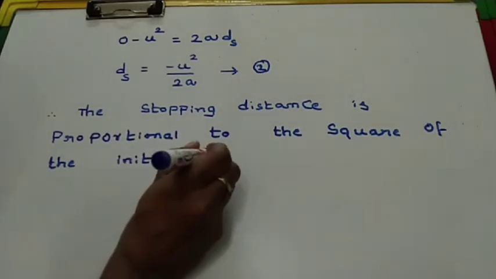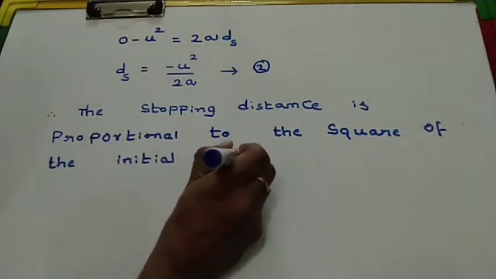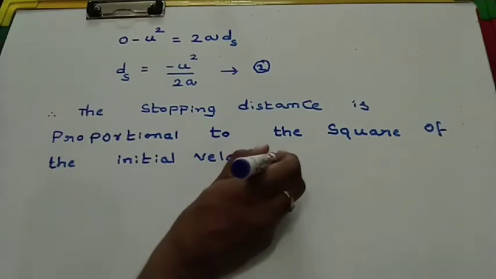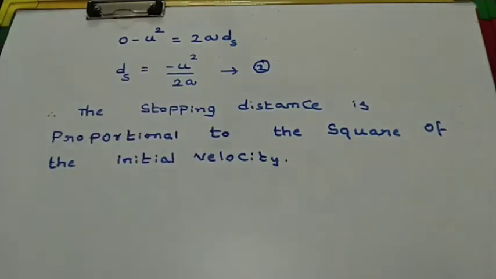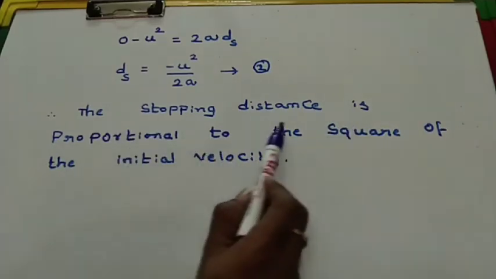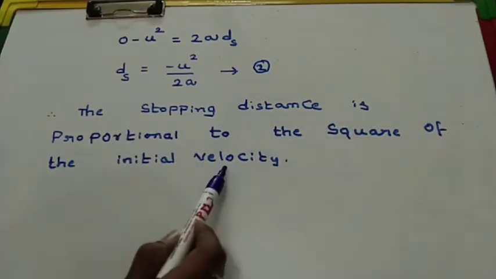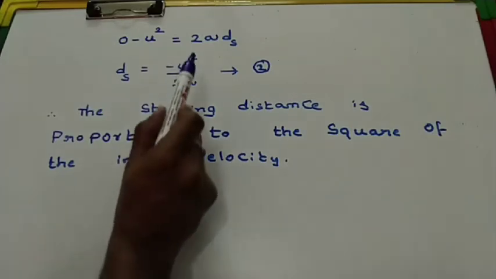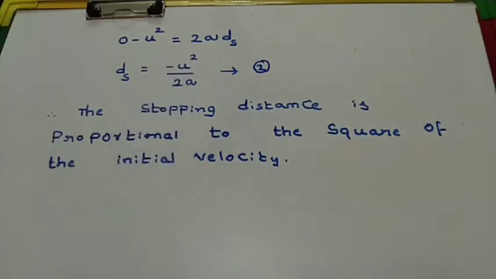Once again, the stopping distance is proportional to the square of the initial velocity.